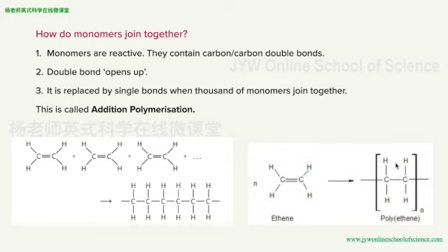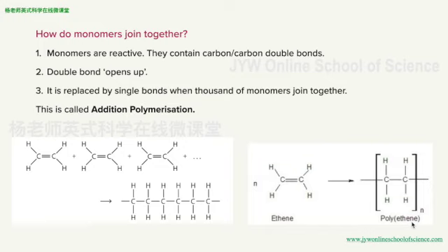We use a big bracket, and then we have an n here, which means that we repeat this unit n times. The name is called polyethene. So it's very simple. If the monomer is called ethene, the polymer will be polyethene. Whatever that name is, you add poly, and then you have a bracket, you copy that name here. That will be the polymer's name.